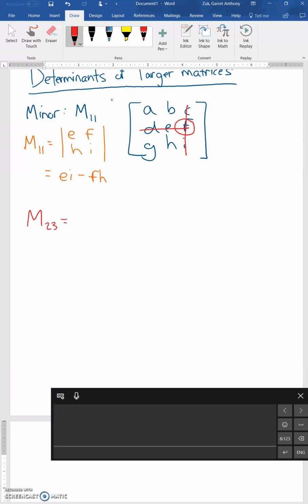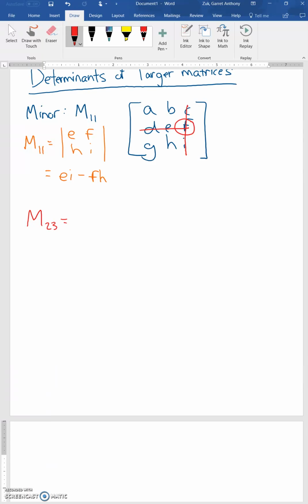Well, that's going to be the determinant of this matrix here, A, B, G, H. And again, we learned this is left diagonal minus right diagonal. So that's AH minus BG.